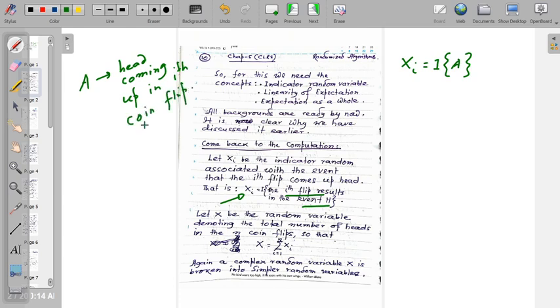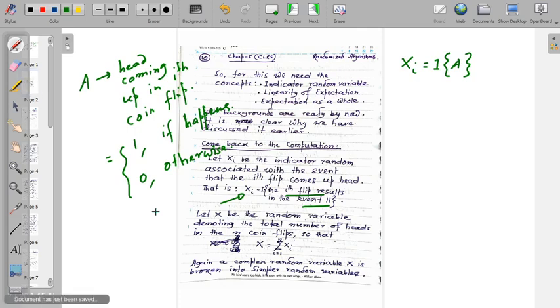So this is the definition: we know it is 1 if it happens, 0 otherwise. That is how we define this indicator random variable.